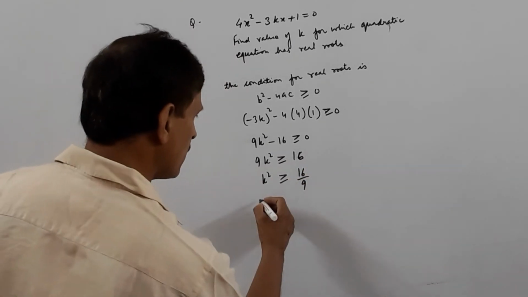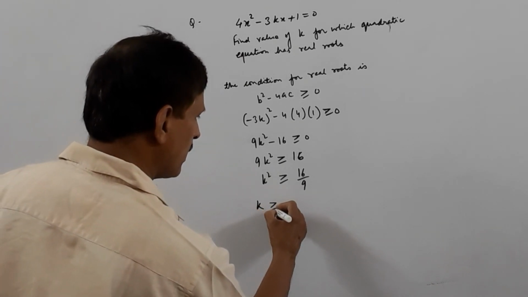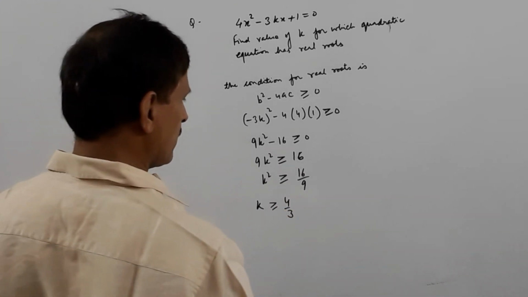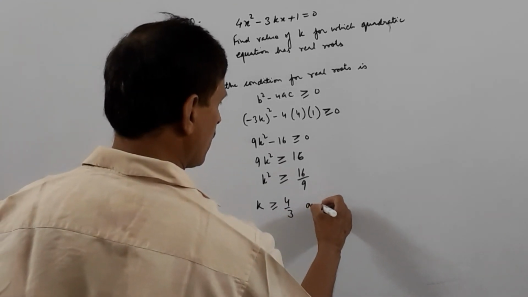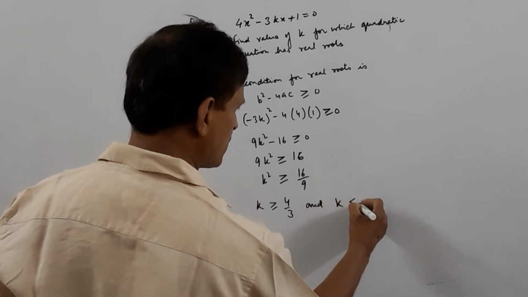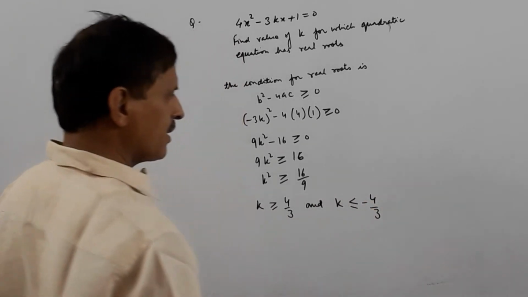Thus k is greater than or equal to 4 by 3 and k is less than or equal to minus 4 by 3.